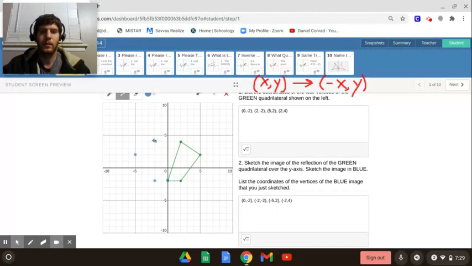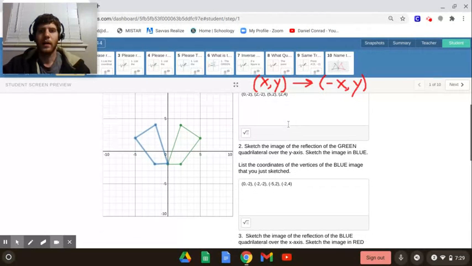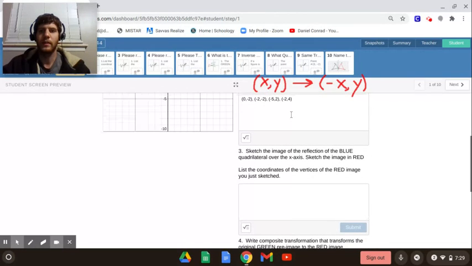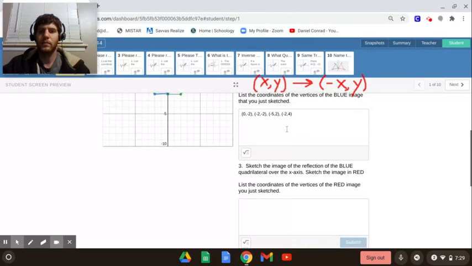Okay, and then we can connect those points together. And there's our reflection. So that was the reflection across the y-axis.